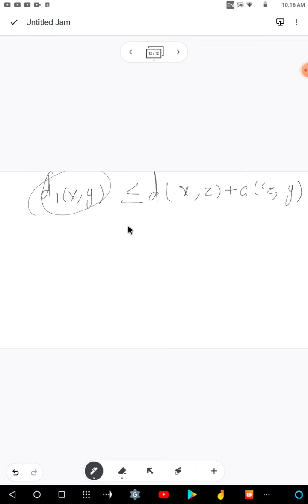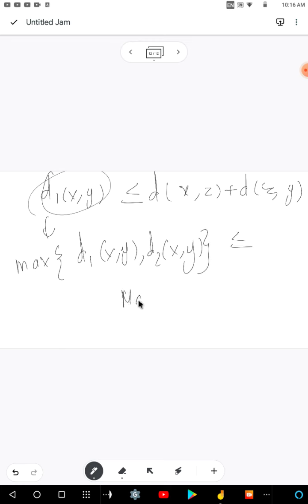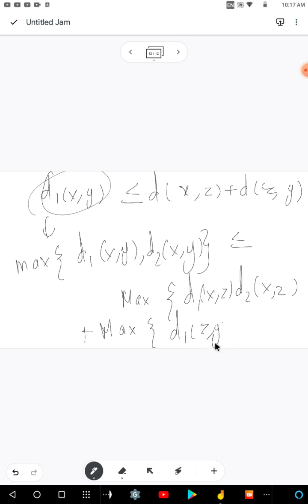So what can we conclude from this? This is chosen from the maximum of d1 of x comma y and d2 of x comma y, which is less than or equal to the maximum of d1 of x comma z, d2 of x comma z, plus the maximum of d1 of z comma y, d2 of z comma y.